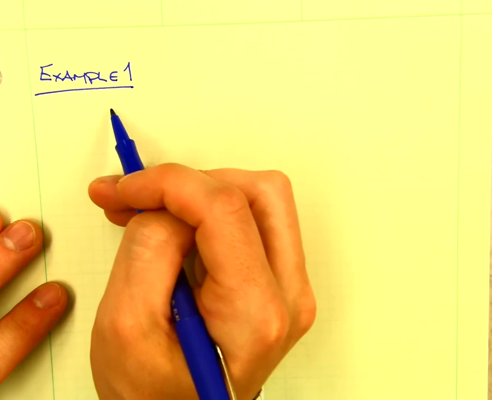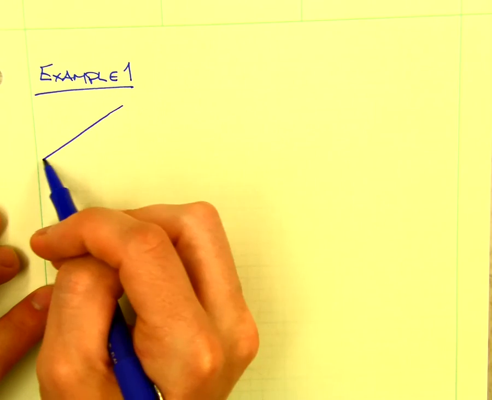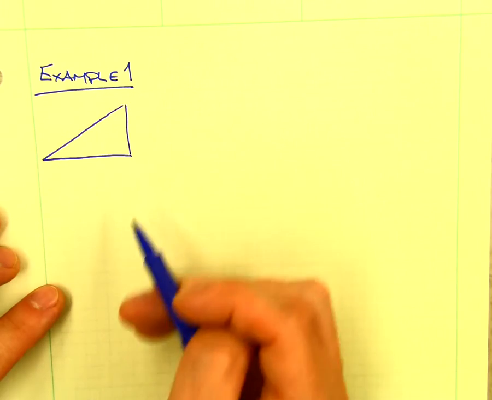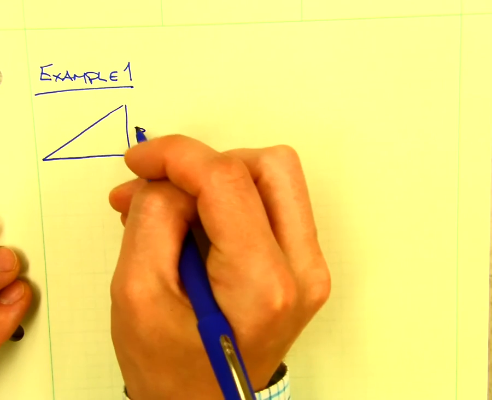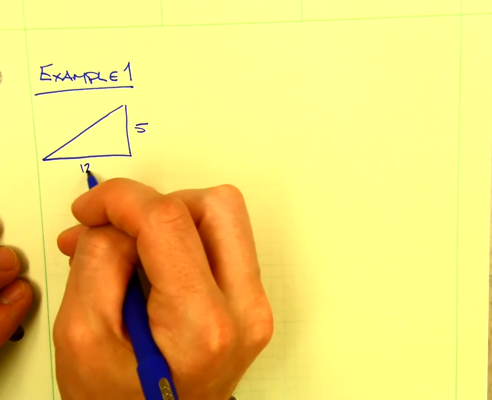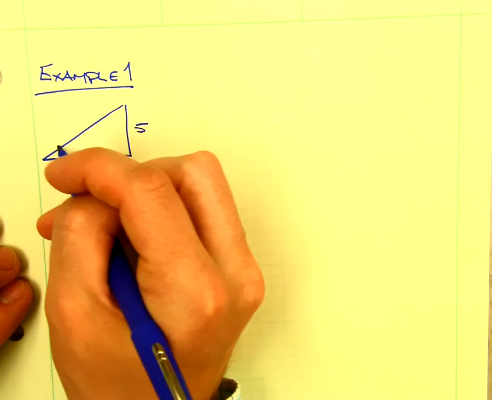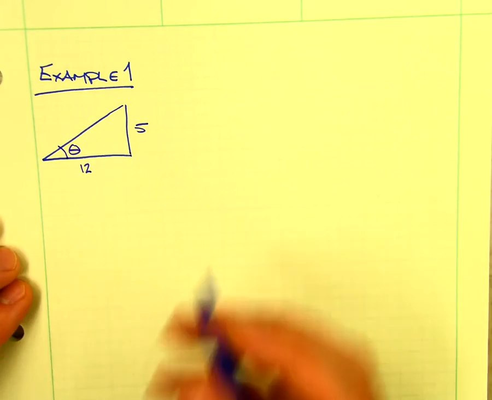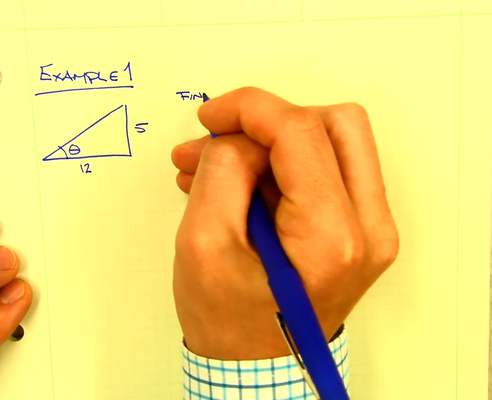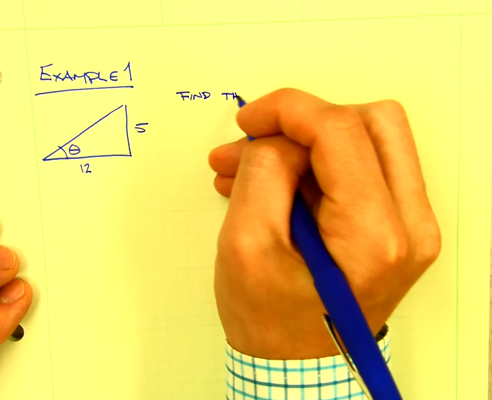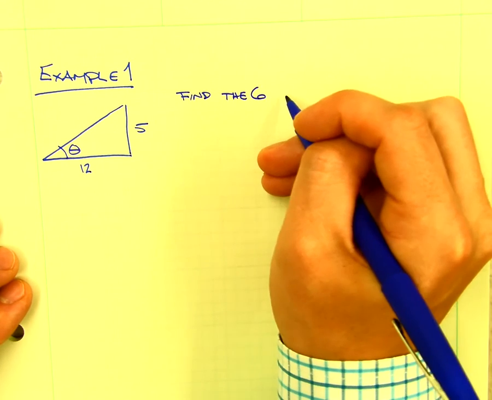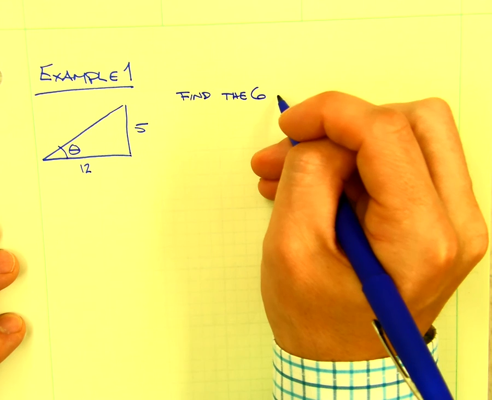The triangle I'm going to give you is not a unit circle triangle, with 1/2 the square root of 3 or whatever, but it's just going to be 5 and 12. Here I've got some angle theta, and I want you to find the 6 trig functions of theta.